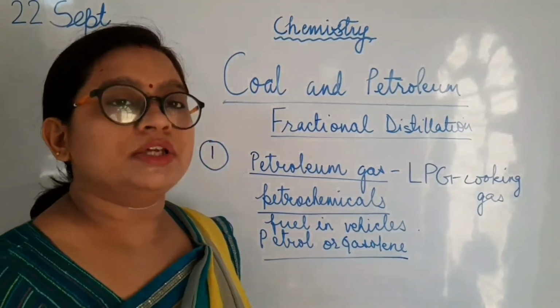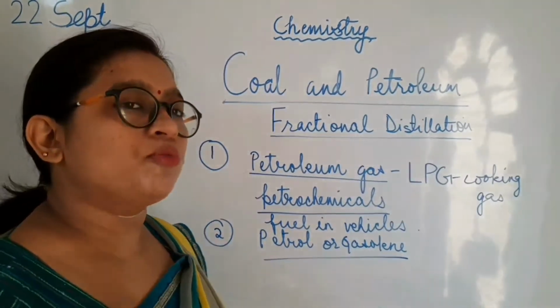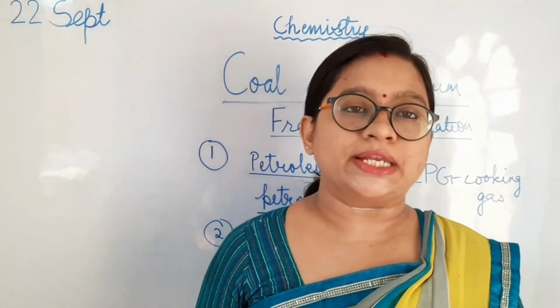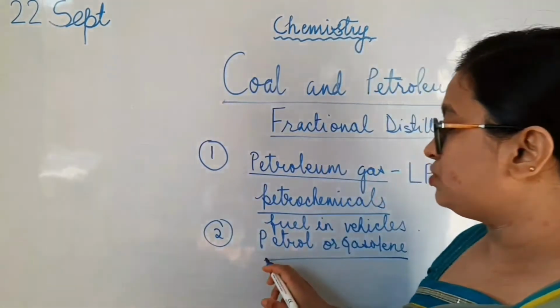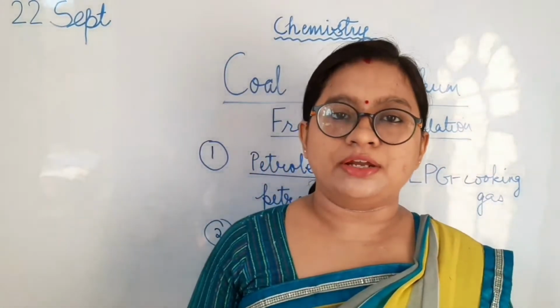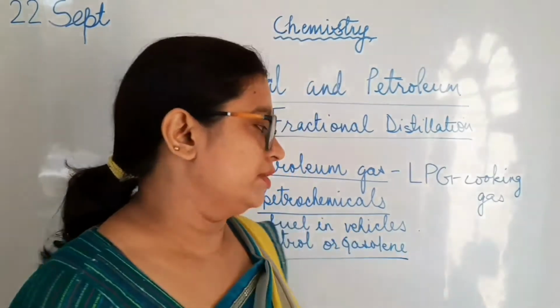Now what about the other uses of petrol? You know that it is used as a fuel in vehicles, but what about the other uses? Whenever you give your clothes for dry cleaning, petrol is used there. So it is also used as fuel in aircraft and for dry cleaning purposes as a solvent.